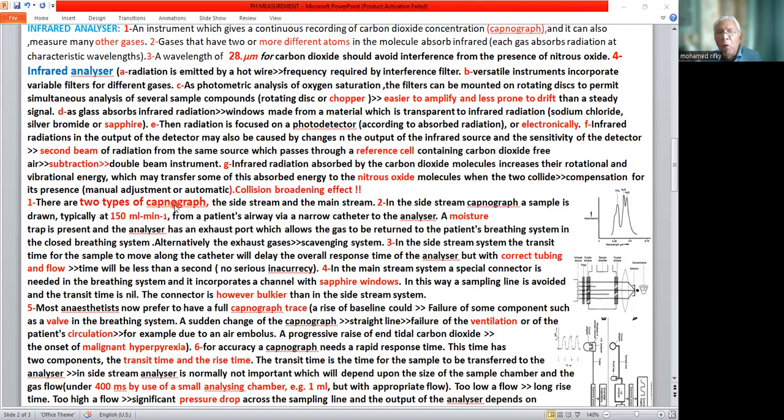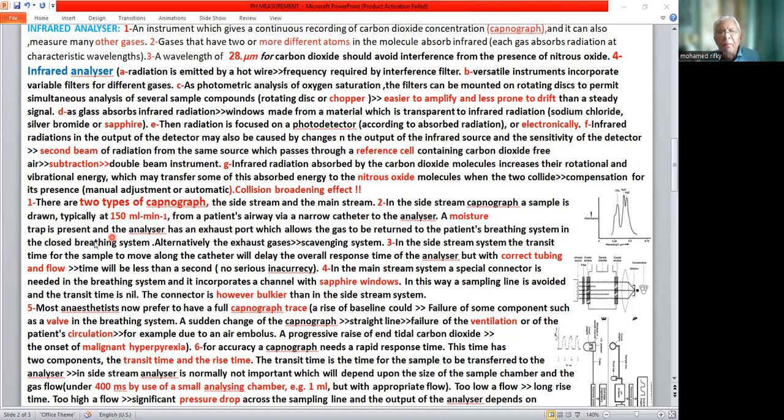Capnographs have two types: sidestream and mainstream. In the sidestream, the gas is being drawn typically at a speed of 150 milliliters per minute. You must memorize this also, because you have to put it in the exam. And then after it's been aspirated, it goes to the analyzer far away from the patient.